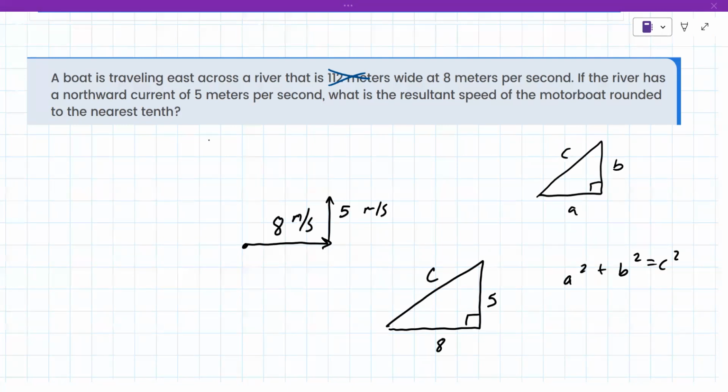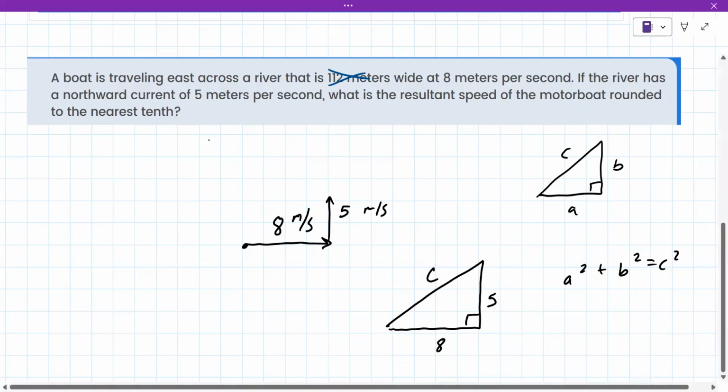So it's going to be 8 squared plus 5 squared equals C squared. So when I do that, it's going to be 89. Right? That's C squared.